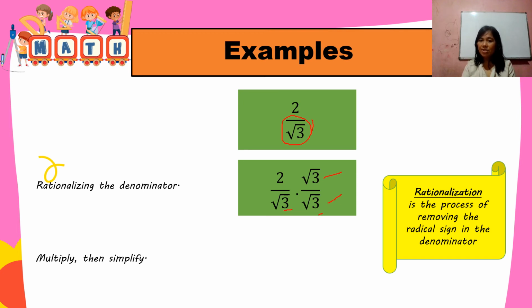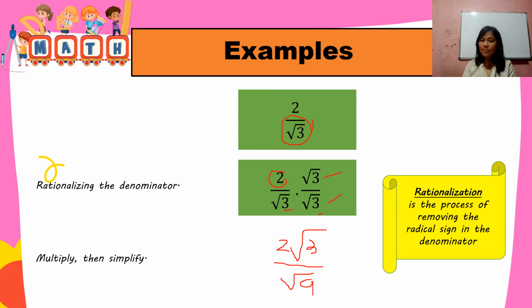Kasi wala siyang radical. Tapos siya meron, so hindi siya pwedeng i-multiply natin. Instead, itabi lang natin sila. So, lagay lang natin 2 square root of 3. Yan. Tapos, multiply mo din yung sa denominator. So, square root of 3 times square root of 3 is square root of 9.